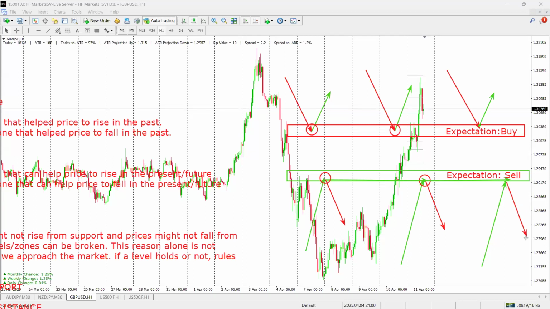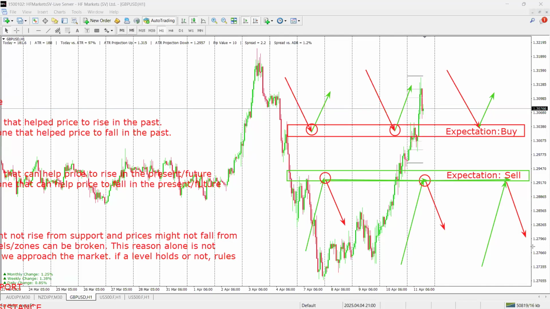This is what we mean by expectation, right? That the market seems to always hold on to what has been established in the past to also use that to take trades in the market or make decisions in the present or in the future.